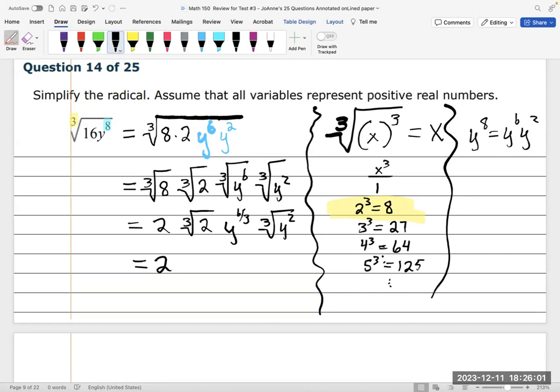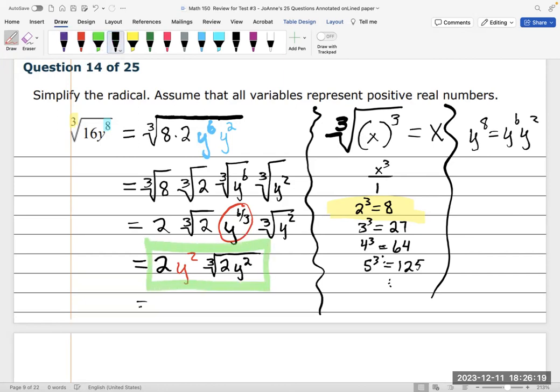So I'll have 2, and then this one next would be y squared. And then the cubed root of, and I'll just put everything that's under the radical. I'll leave it under the radical. And this would be the final answer.